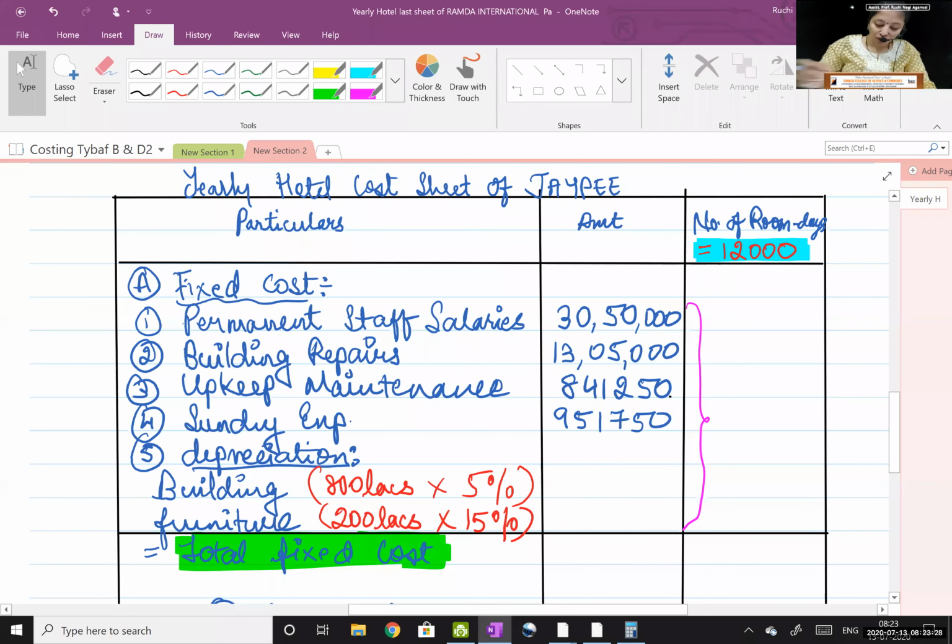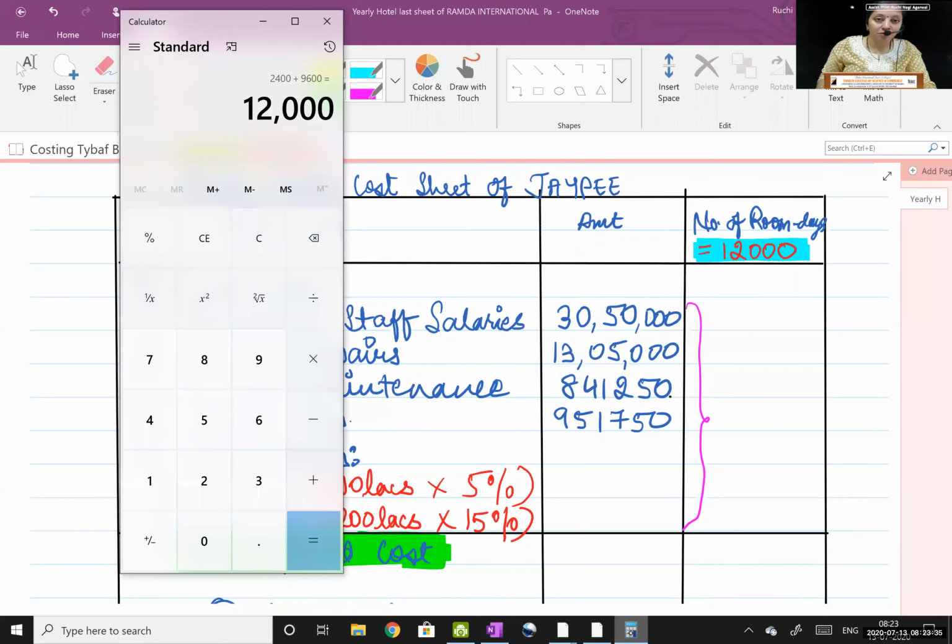And now depreciation. Okay. What is the cost of the building? 800 lakhs. Now see how to calculate. Look into the calci. Look what I'm doing in the calci. It is 800 lakhs. So 800 into 1 lakh, that is 8 crores. Okay. So this will help you to not get confused with the number of zeros you have to write in crores.